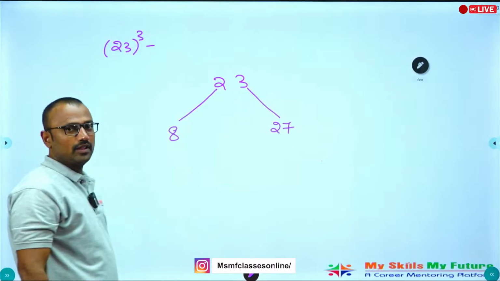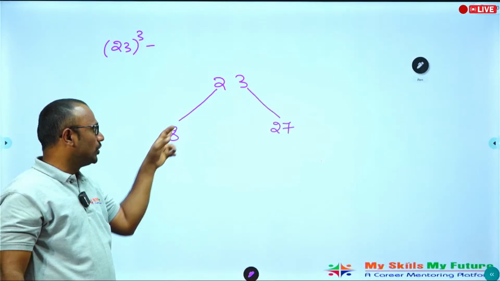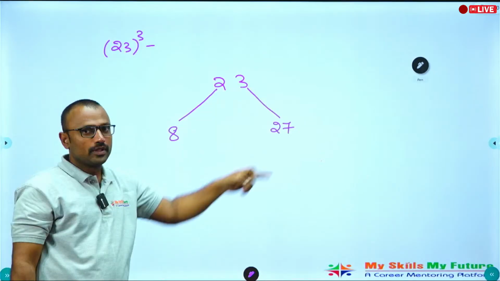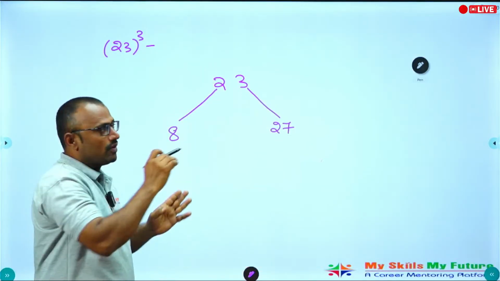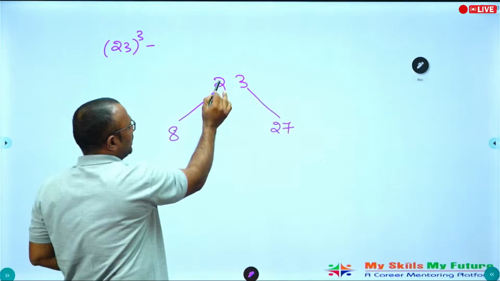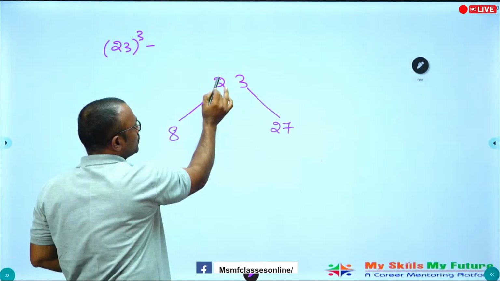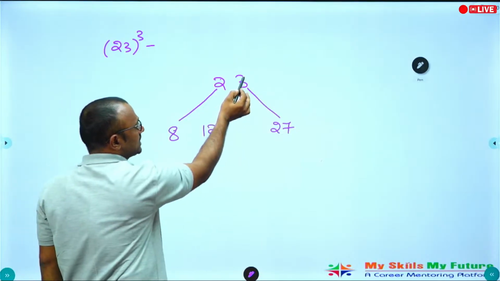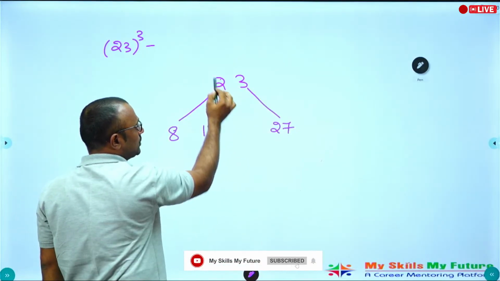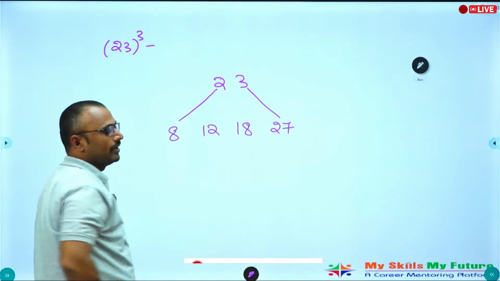Are you getting it? So, write 2 cube and 3 cube. Then 2 square is 4, 2 square into 3, 4 threes are 12. Next, 3 square is 9, 9 twos are 18.